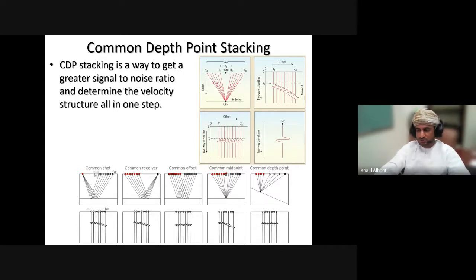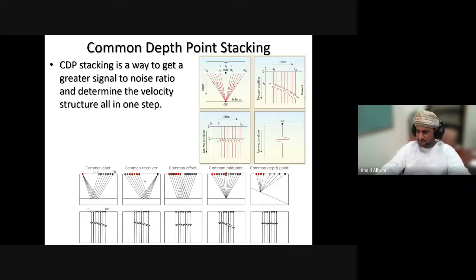This is one shot. It could also be a common receiver, but in a common receiver the source and receiver are swapped. So in the case of a common receiver, we have many shots and one receiver. This is one receiver recording from multiple sources.